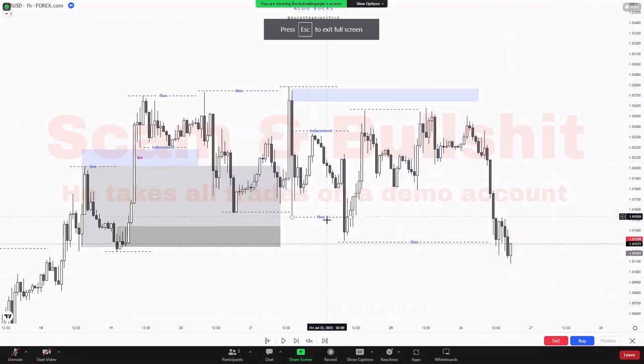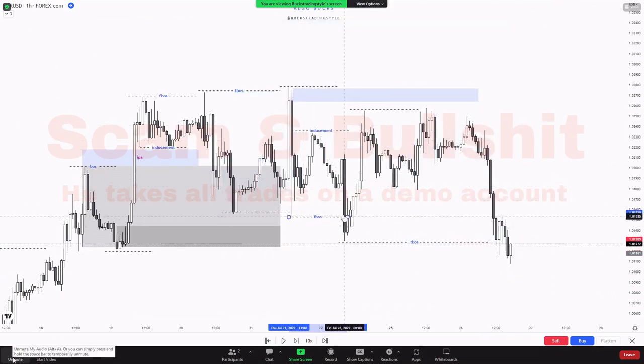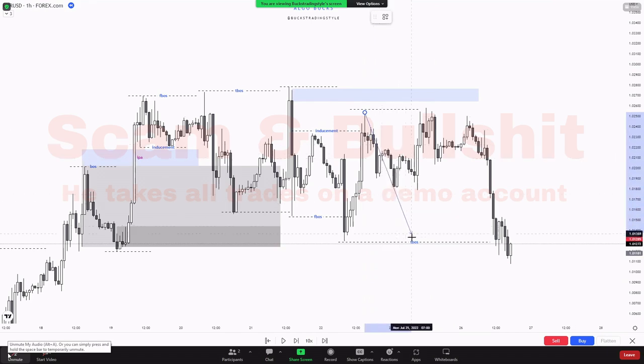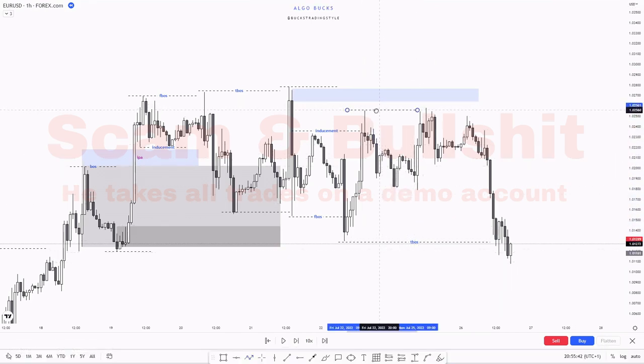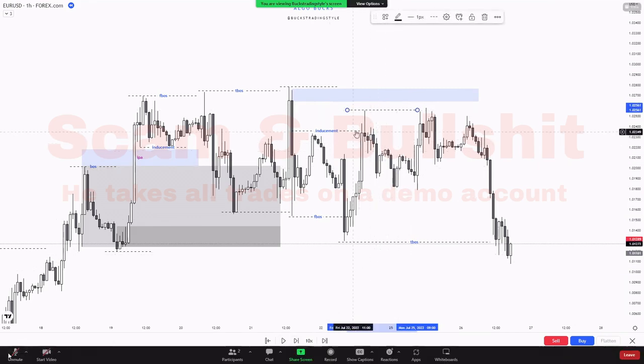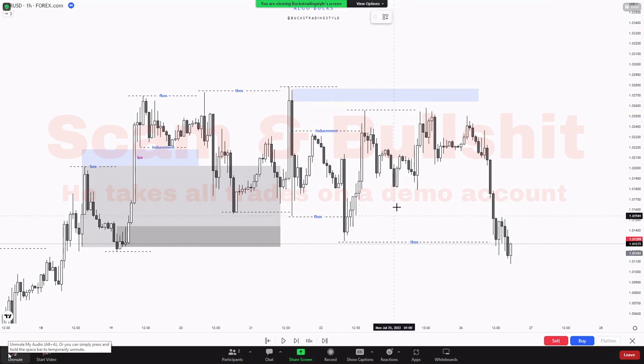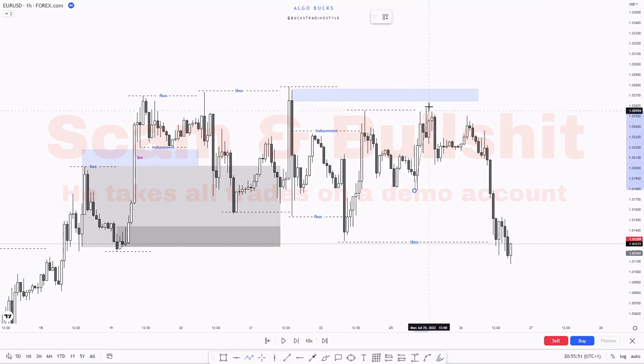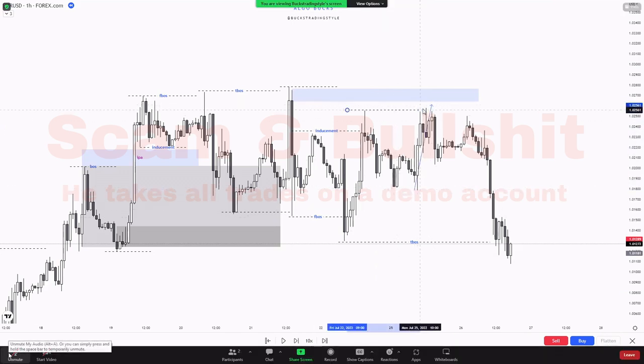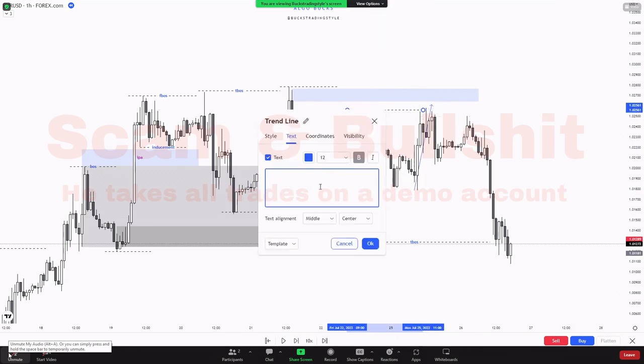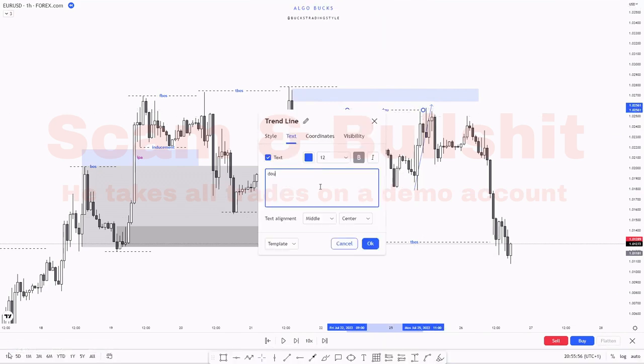Now let's look at what we have here. This is the fake break of structure. This is the inducement. Then price was supposed to come down directly to the true break of structure, but this was the high here, and then price went higher to take out this other high right here. Then this becomes the double inducement.